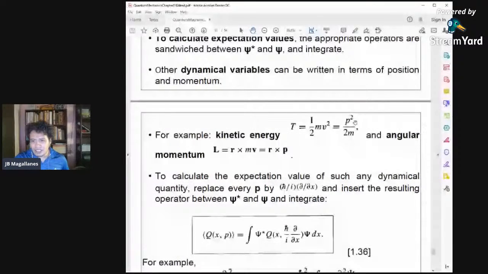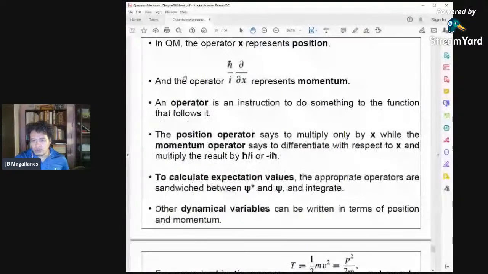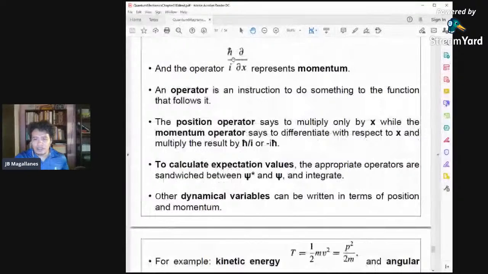For kinetic energy, you have p squared, which means you have to take the second order of this one. So this becomes h bar squared, and i squared is just equal to negative 1, over the second order partial differential with respect to x squared.